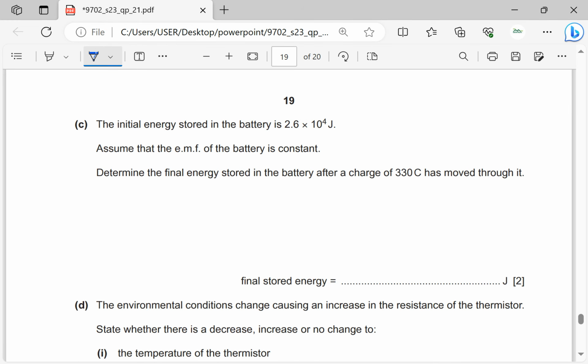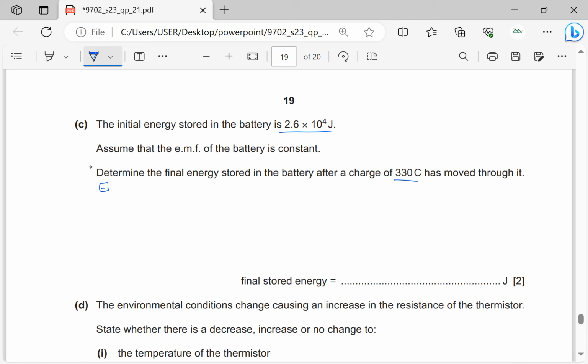The initial energy stored in the battery is 2.6 times 10 power 4 joules. Assume that the EMF of the battery is constant. Determine the final energy stored in the battery after a charge of 330 coulombs has moved through it. So if a charge of 330 coulombs has moved through it, what energy is being delivered?